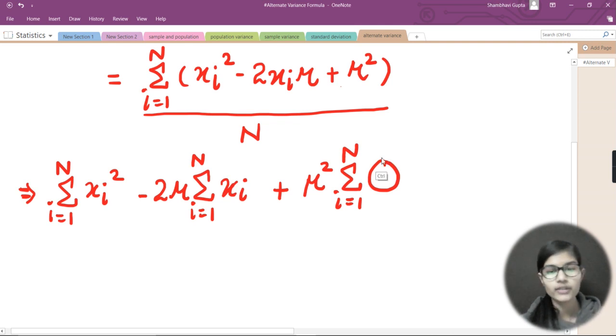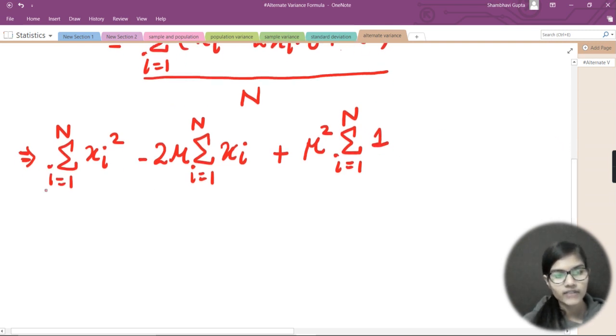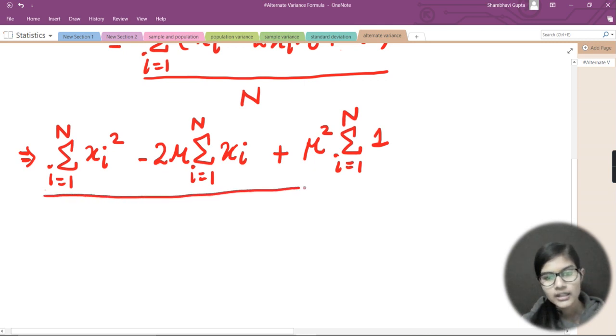I have taken the constant outside, so here I had simply written mu square. So what is with mu? Here 1 is there, right? So I'm going to put this 1 here. I hope you got this step, and finally I'm going to divide this whole by capital N.